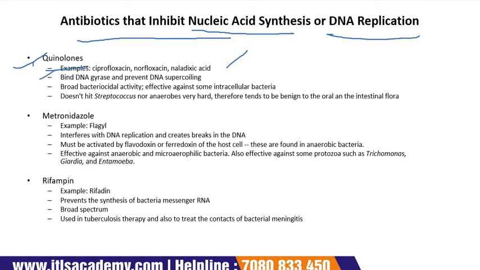Their mode of action is, as I told you, they inhibit nucleic acid synthesis. How? They bind to the DNA gyrase and prevent DNA supercoiling. So when gyrase activity is stopped, the supercoiling of the DNA could not happen, and this resists the formation of the DNA. It has broad bactericidal activity and is effective against some intracellular bacteria.